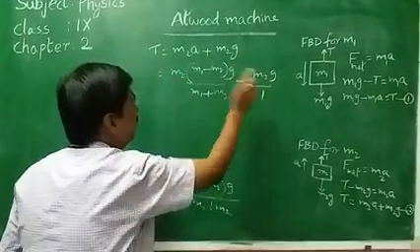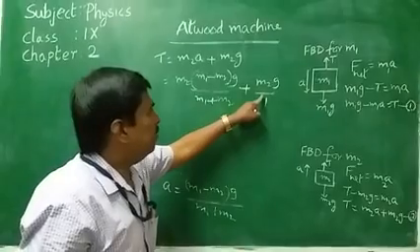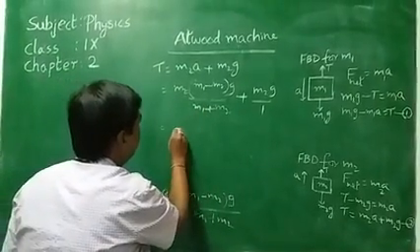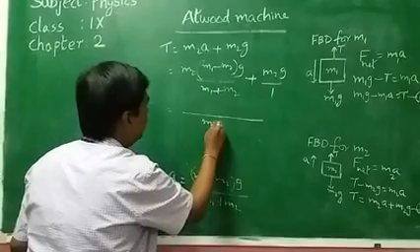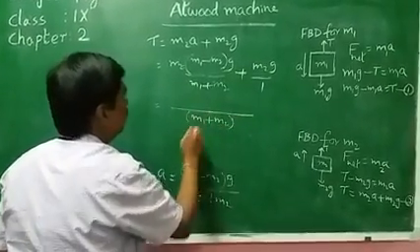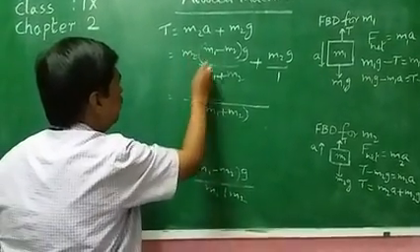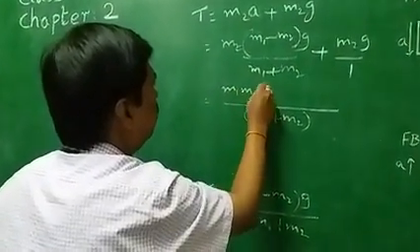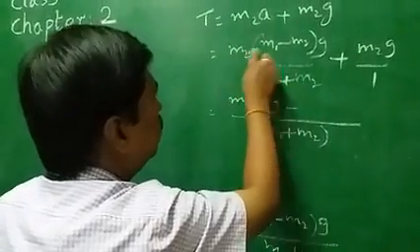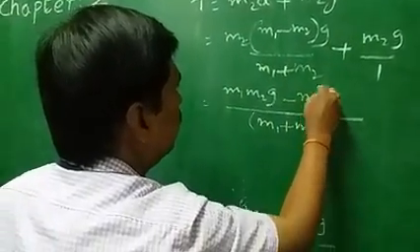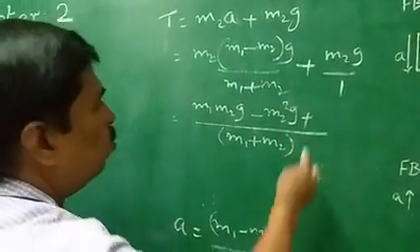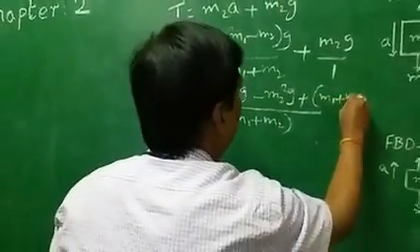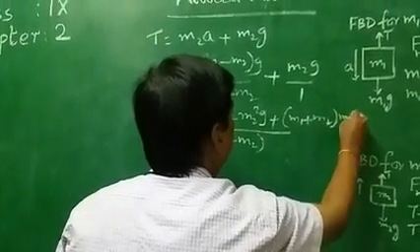So M2g divided by 1. If you don't have any value, you can keep it as 1. If you take the LCM, you get M1 plus M2. Multiplying these terms, M2 into M1 into g gives M1 M2 g, minus M2 square g, plus 1 into M1 plus M2 into M2g.